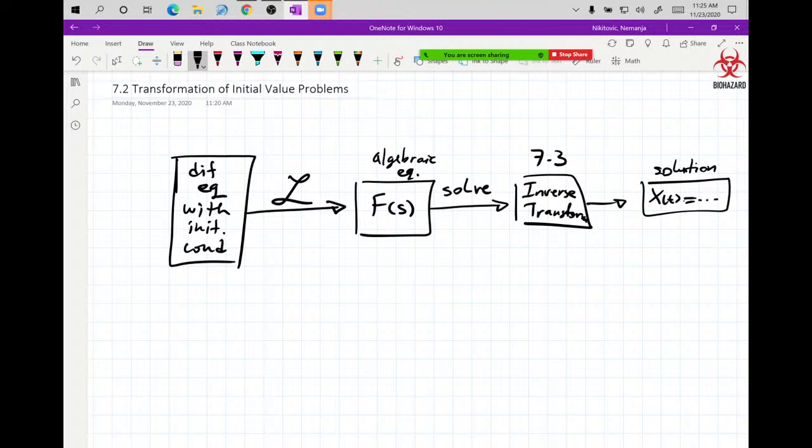So we transform our differential equation into an algebraic equation. We solve the algebraic equation, which is literally just adding and subtracting numbers, dividing and stuff like that.